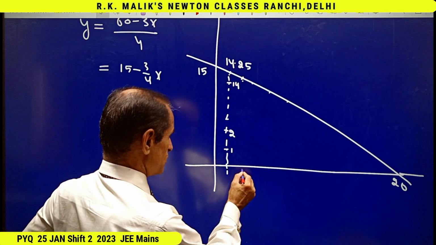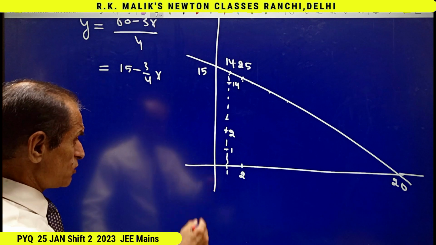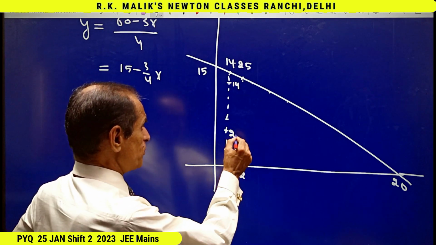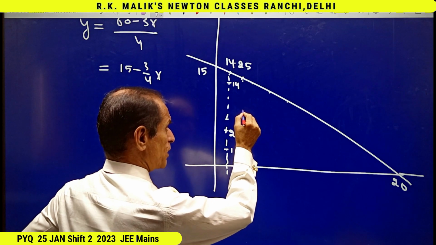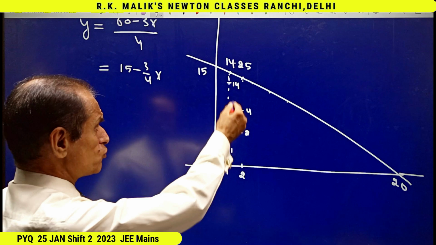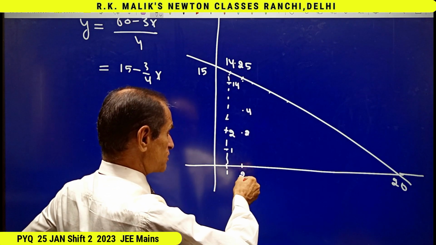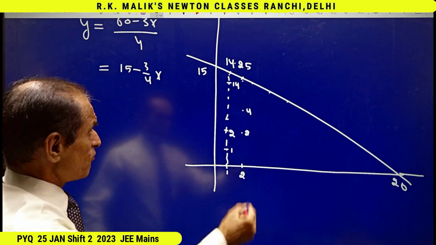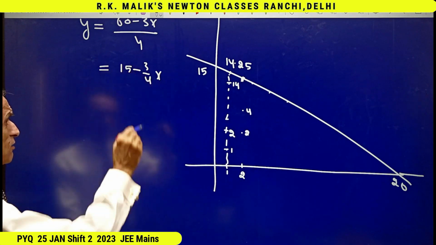And next are the points on the line having x coordinate 2. The first point will have y coordinate 2. Second point will have y coordinate 4, because only those points on this line are to be taken whose y coordinate is a multiple of 2. And the y coordinate of this point can be obtained by putting x equal to 2.